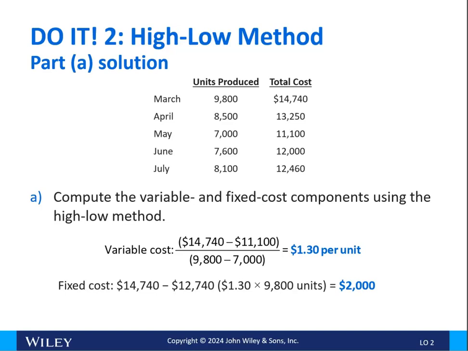So 14,740 minus 12,740 gives us our $2,000 of fixed cost. We could have used the low month and we would have gotten the $2,000 answer as well. And that's the example showing how we do that.